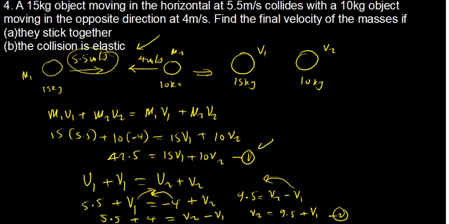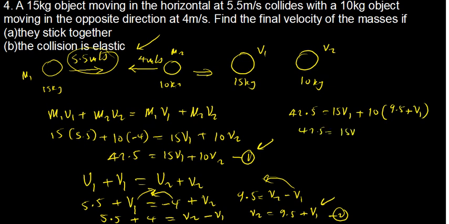So in the first equation, where there is v2, we are going to substitute what we see there. So we have 42.5 is equal to 15 v1 plus 10, and where there was v2, we put 9.5 plus v1. So 42.5 is equal to 15 v1 plus 10 times 9.5, that is 95, plus 10 times v1, that is 10 v1.